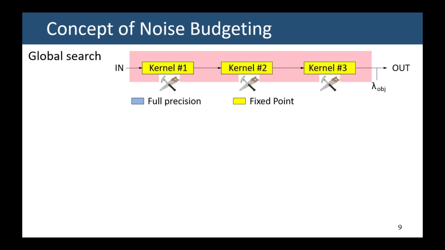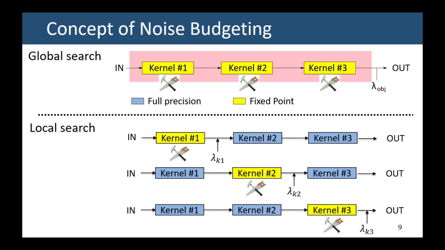Then, to identify the word length for all variables, word length optimization is applied for three kernels simultaneously with the constraint lambda objective at the output. We call this way the global word length optimization or the global search.